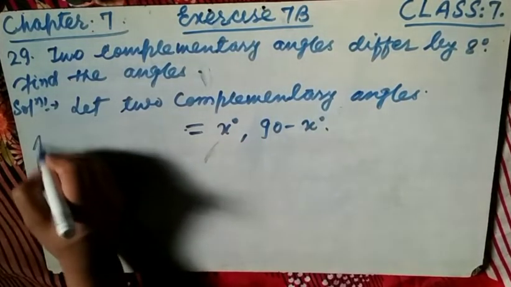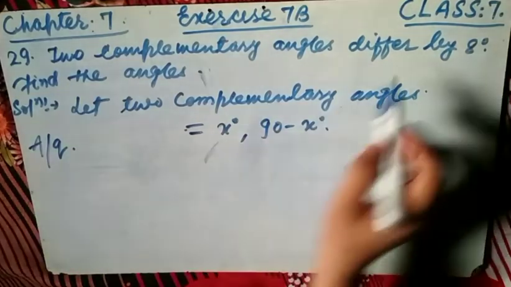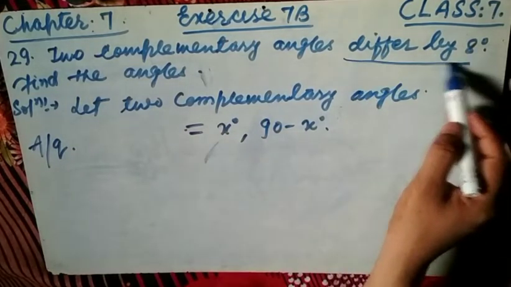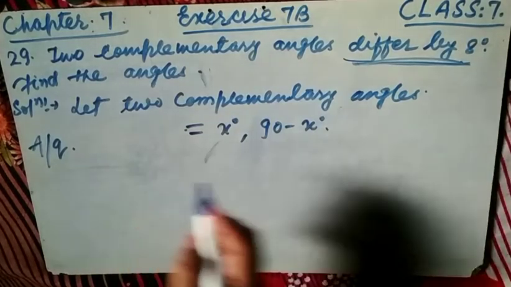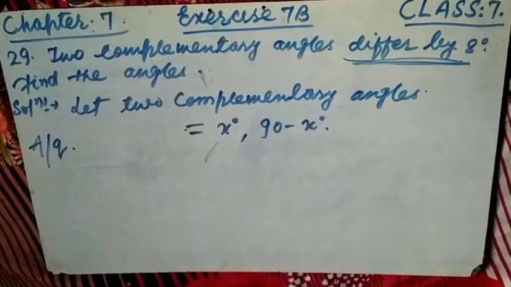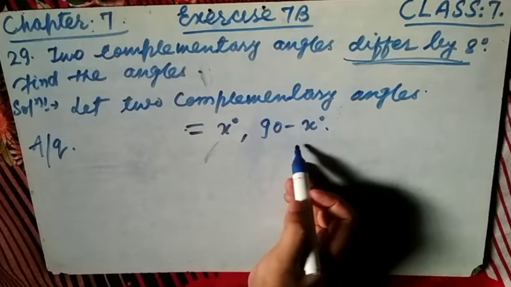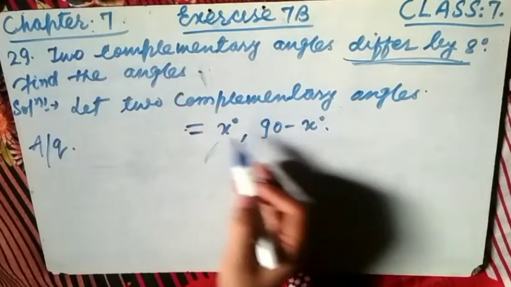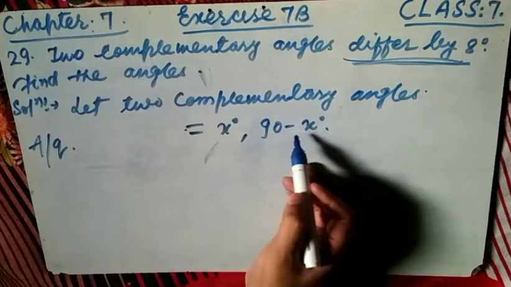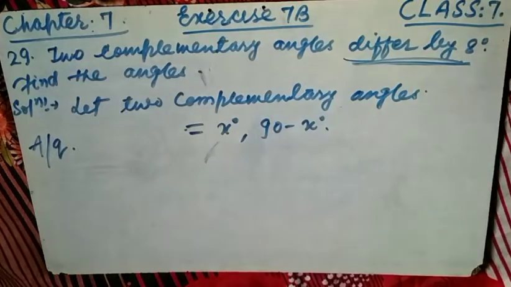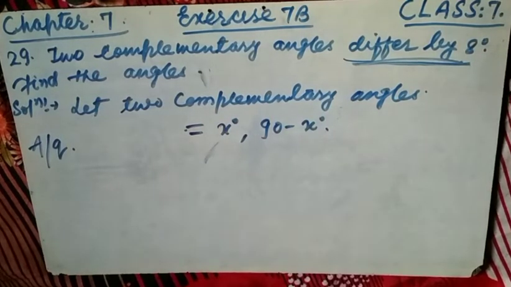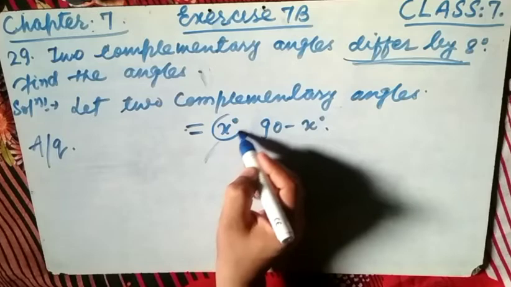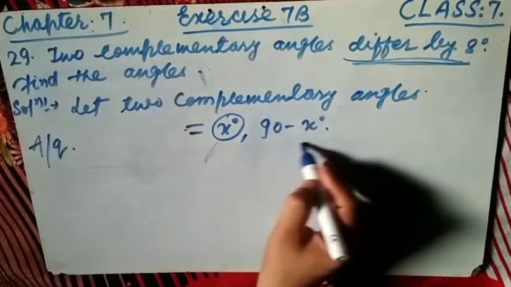Okay, now according to the question, they differ, means their difference is 8. Now one thing is confusing, we have to take the difference. Yes, first decide which is the smaller and which is greater.